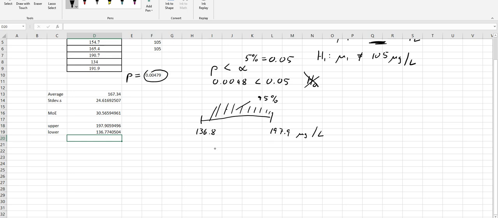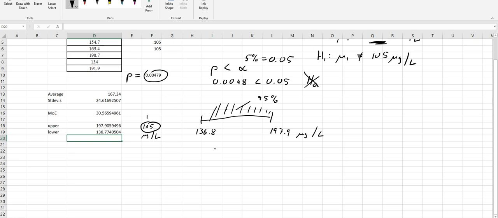Now, we also know that our reference value is 105 micrograms per liter, which is way out of this confidence interval. And this confirms that the reference value is way out from the confidence interval where we are fairly sure that the population mean for our sample is located.